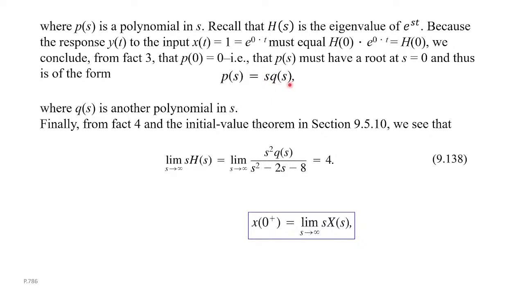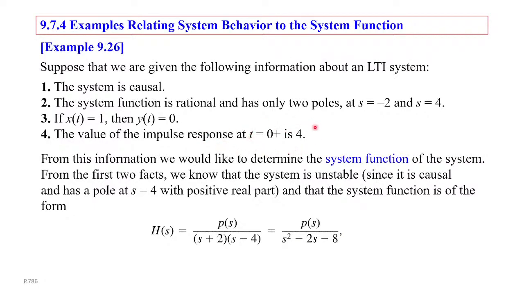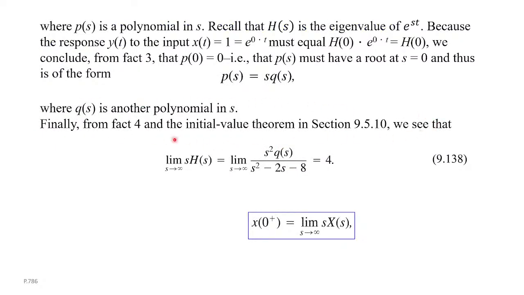And finally, the last condition: the impulse response at 0 plus equals 4. This looks really like the initial value theorem because it is 0 plus, and indeed, you use the initial value theorem.